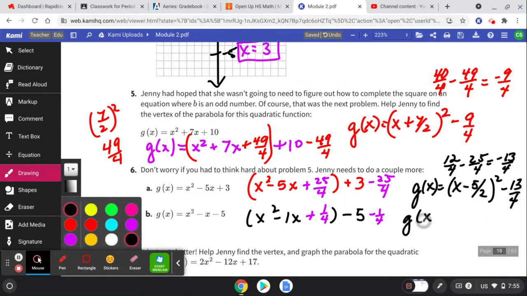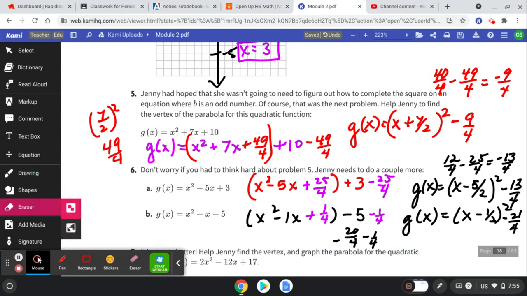This makes the (x minus 1/2) squared perfect. And then 5 could be written as 20 fourths. So negative 20 fourths minus 1/4. Our adjustment's going to be negative 21 fourths at the very end. How'd you do?